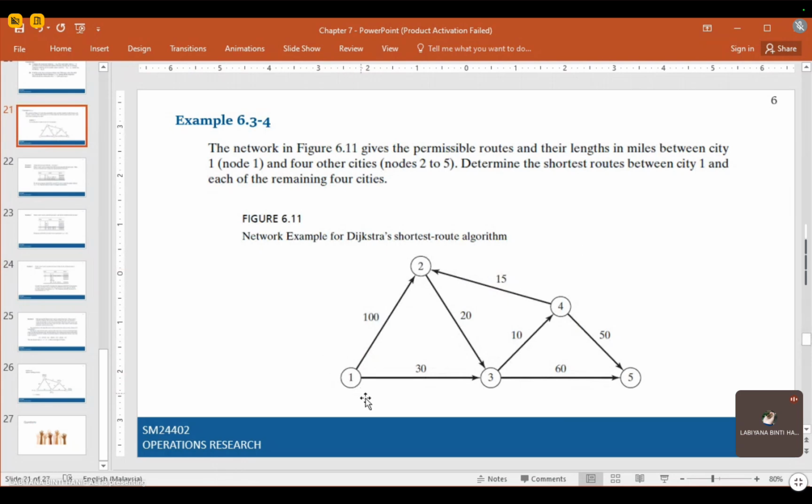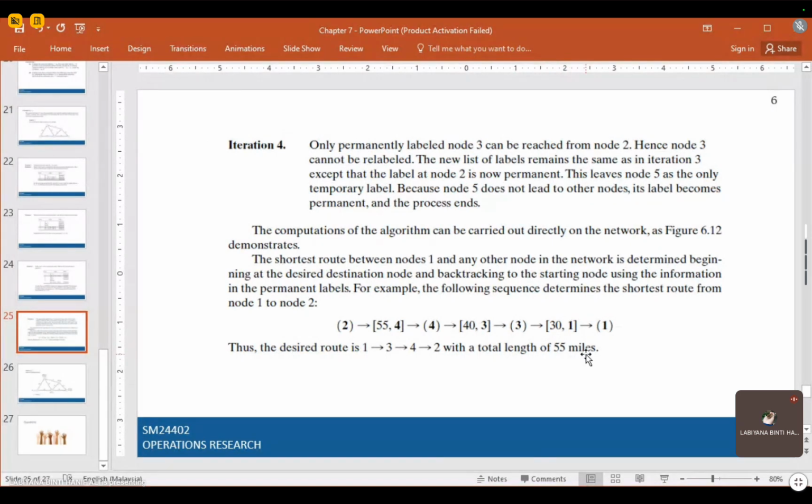So if we get back into this figure, from 1 to 3 is 30, then from 3 to 4 is 10. Lastly, from 4 to 2 is 15. If we sum up 30 plus 10 plus 15, the answer will be 55 miles. So this is our shortest route.